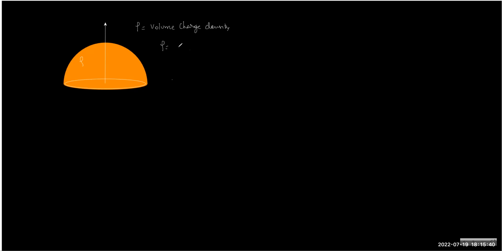So definitely we can attach dq by d volume, and if the density is uniform, for the uniform distribution, we can directly write rho equals q by v. But here we have to express the answer in terms of rho itself, so no need to worry much.